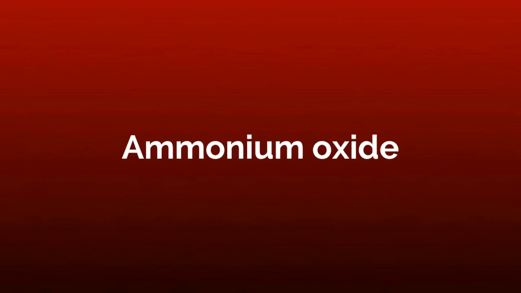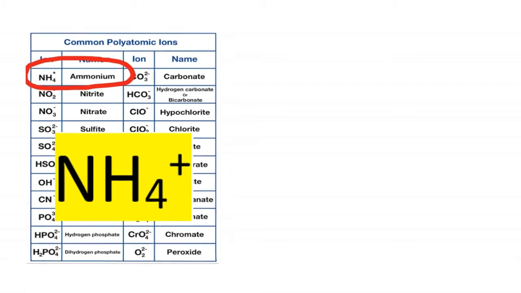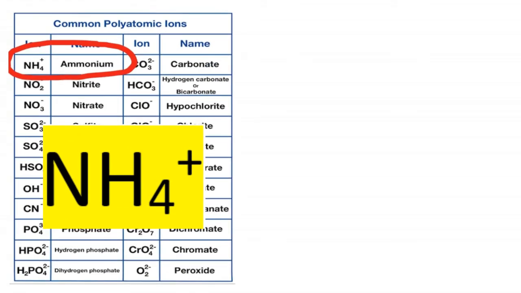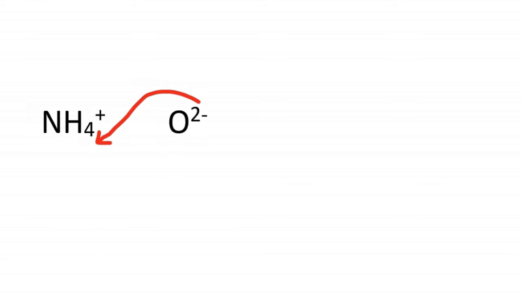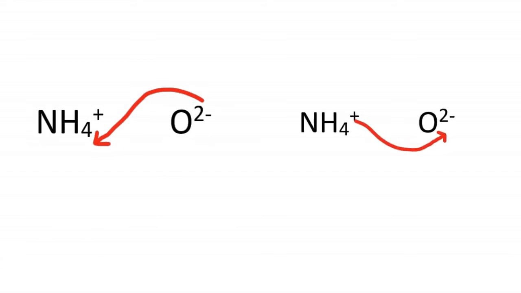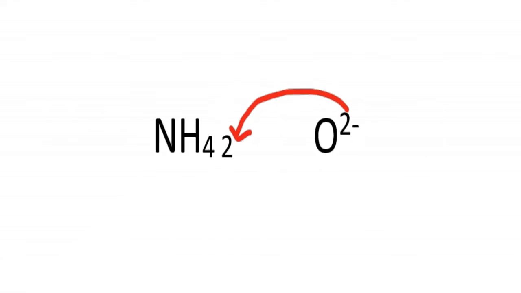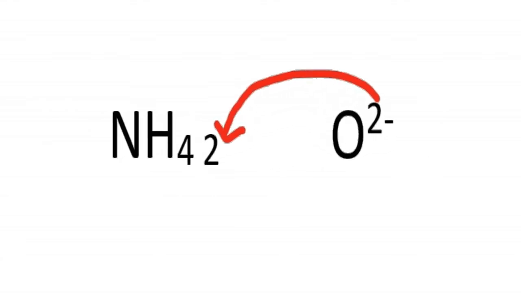Another example is ammonium oxide. Ammonium, NH4, has a charge of 1 plus, and oxygen has a charge of 2 minus. And now we do the crisscross. Let's take 2 minus over here and 1 plus over here. We just write the number, but we don't need the charges. And we don't write 1 minus.